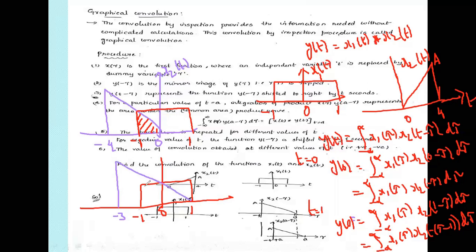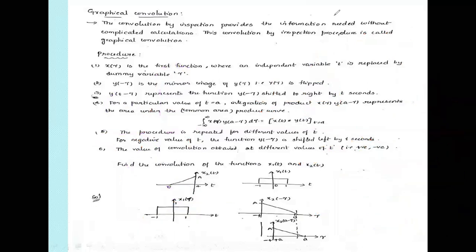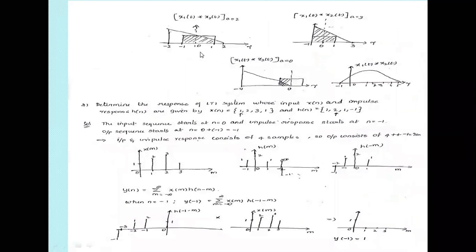Now the overlapping occurs here, in this part, minus 1 to 1. Previously it was minus 1 to 0, now it is minus 1 to 1. So the overlapping goes on increasing as it moves.